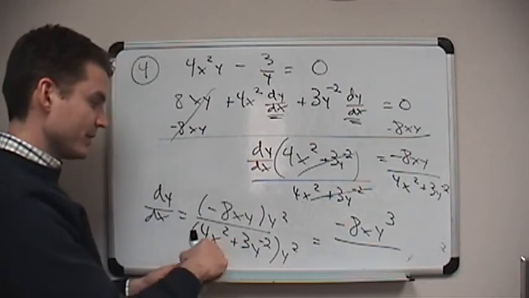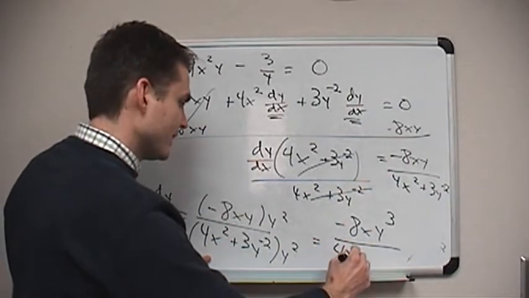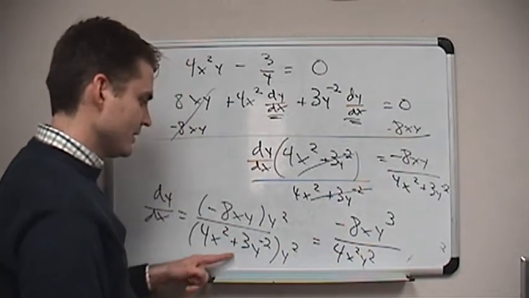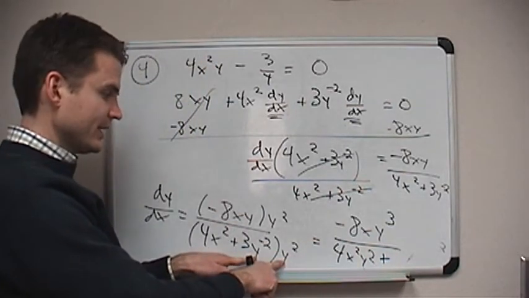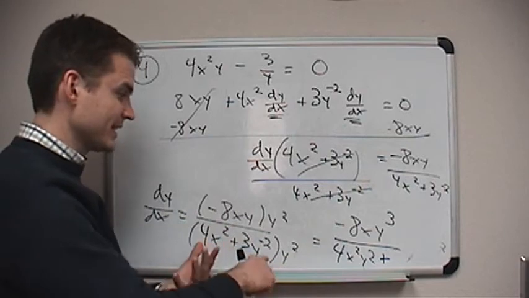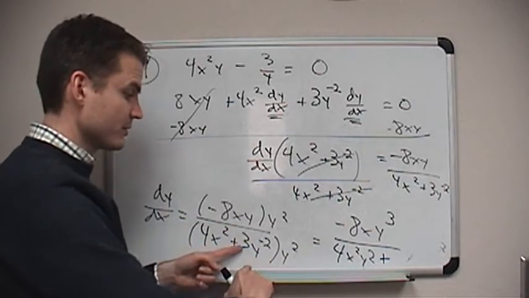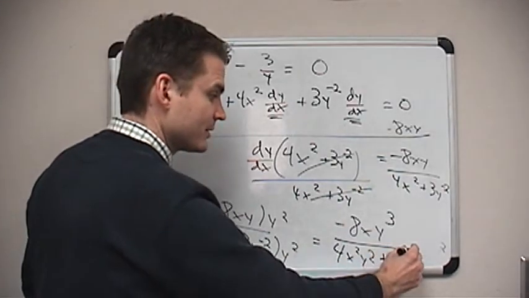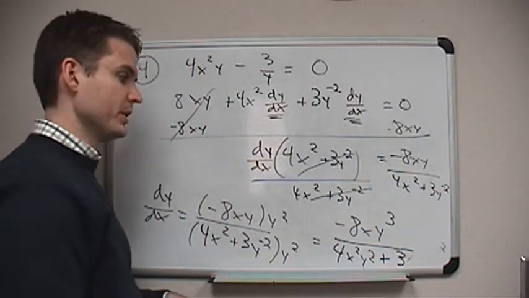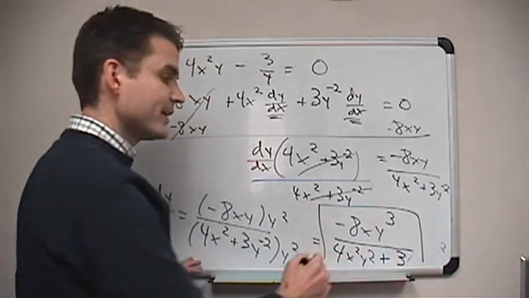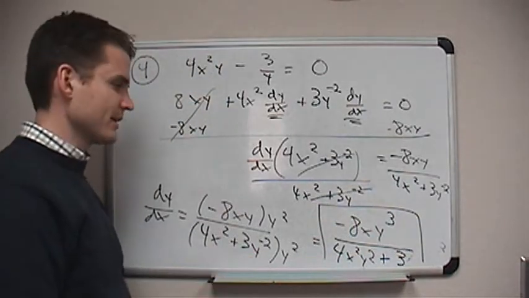And then if I distribute the y squared into the denominator, I'll have 4x squared y squared, plus, now when I multiply these two powers of y together, I add the exponents, and I get y to the power 0. So 3 times y to the power 0, which is just 3. y to the power 0 is 1. So that's the final answer, probably what you'd see in the back of the book on this one.